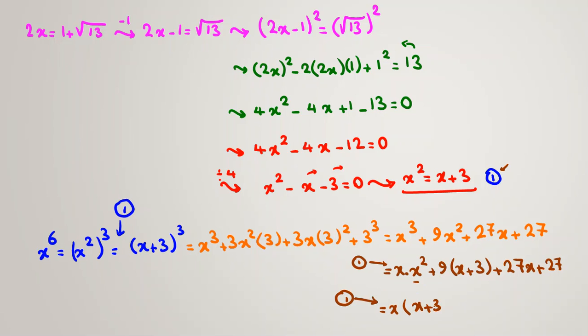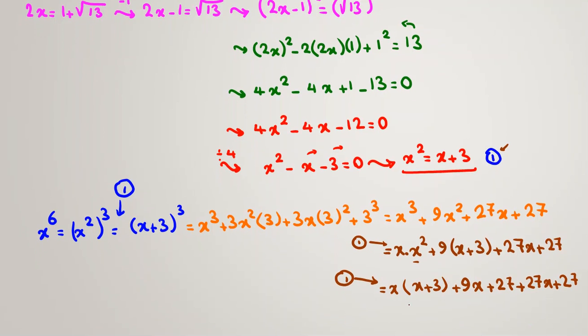I replace it with x plus 3, plus 9x plus 27, plus 27x plus 27. Again here, I will have x squared plus 3x plus 9x. Let me write all x, plus 27x, and then plus 27 plus 27.